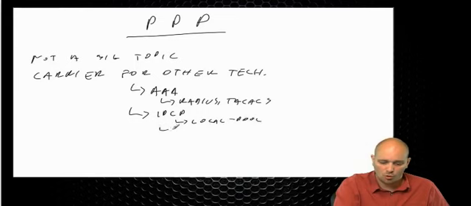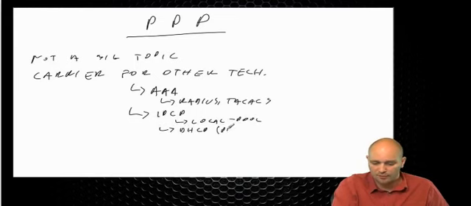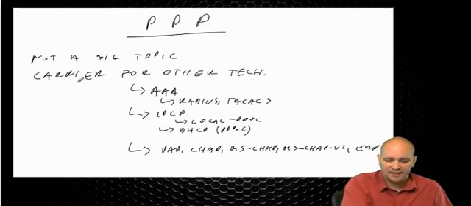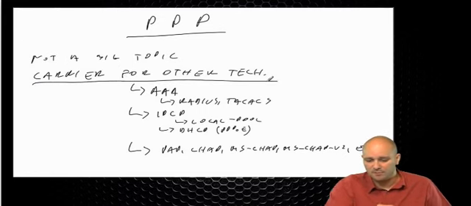They can test you on DHCP, especially if combined with PPP over Ethernet. They can test you on different authentication methods. Do you understand PAP, CHAP, MS-CHAP, MS-CHAP version 2, and EAP.